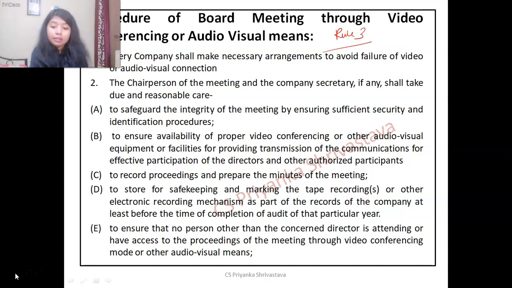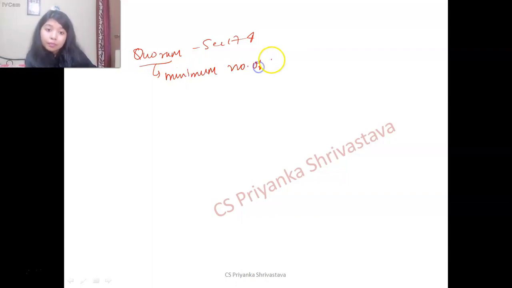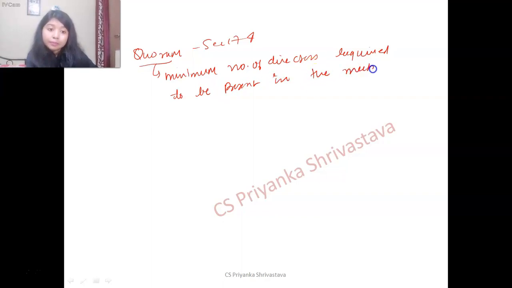Before understanding this point, we have to see only one thing: what is quorum? We'll see the exact provision in section 174, but right now, just understand the meaning of the word quorum. It means the minimum number of directors required to be present in the meeting to form a valid meeting.